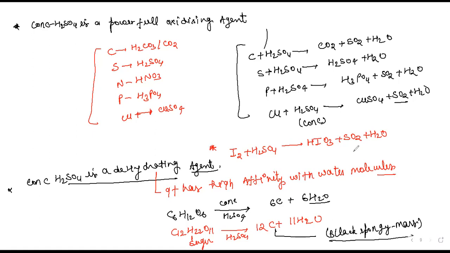Next thing is, beta, when concentrated H2SO4 is passed over blue vitriol. Blue vitriol is CuSO4.5H2O.